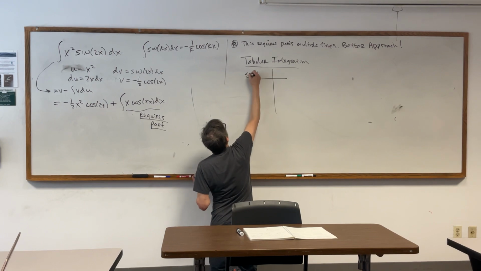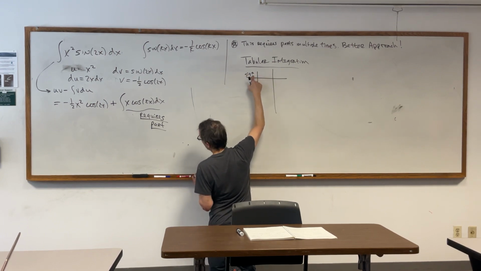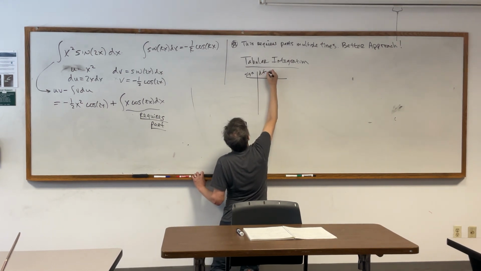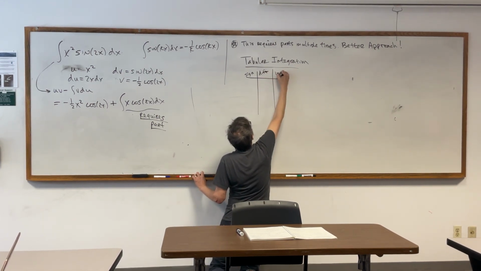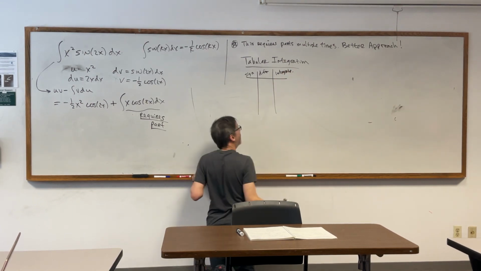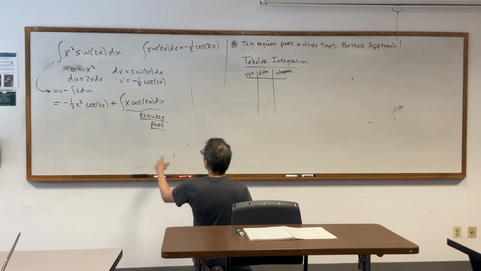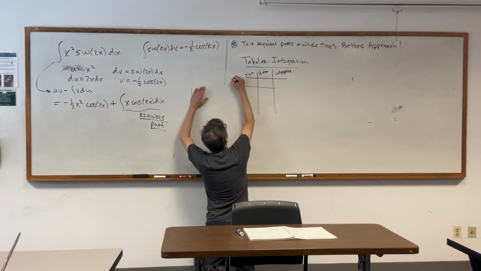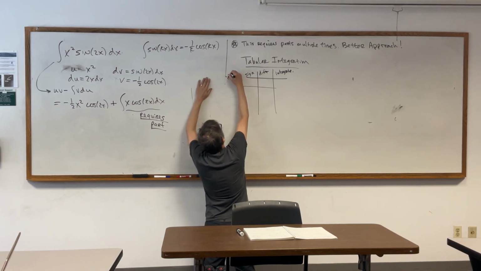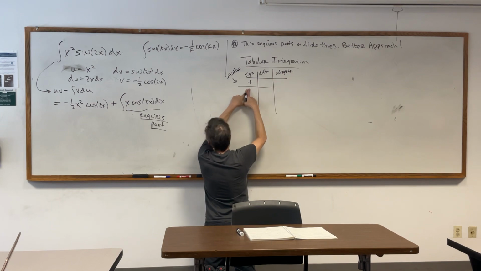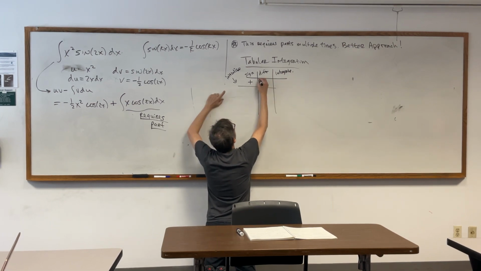It's going to have a sign column, S-I-G-N, it's going to be plus, minus, plus, minus. You're going to have a differentiate column, and you're going to have an integrate column. And you're going to initialize this table. So the first row is you initialize it, and you always put a plus here. Here you put what would be u, so kind of put in parentheses.